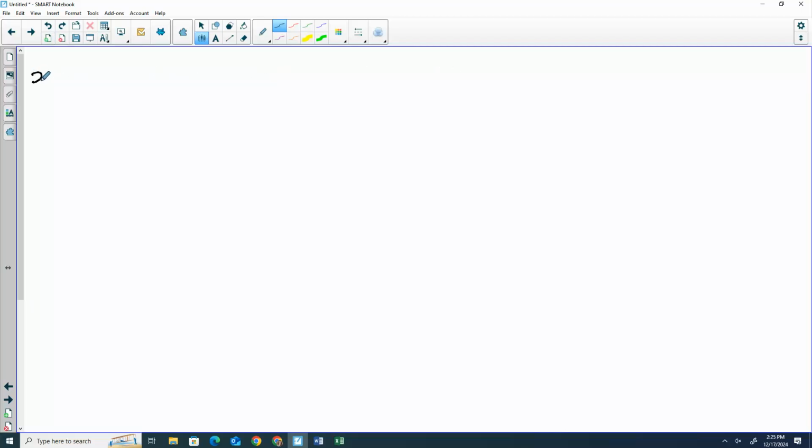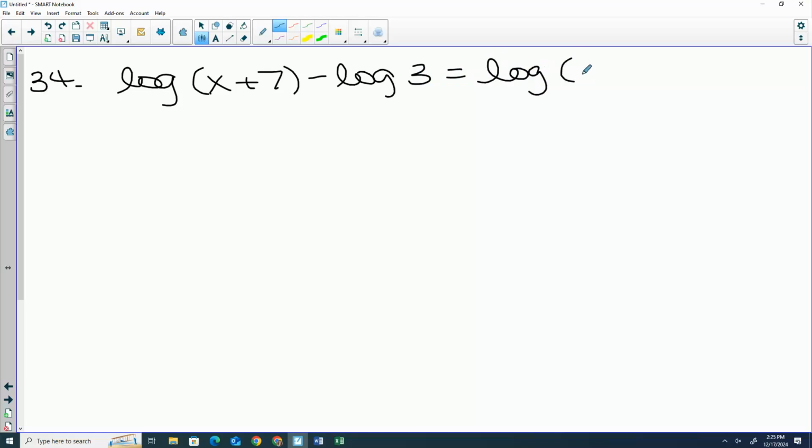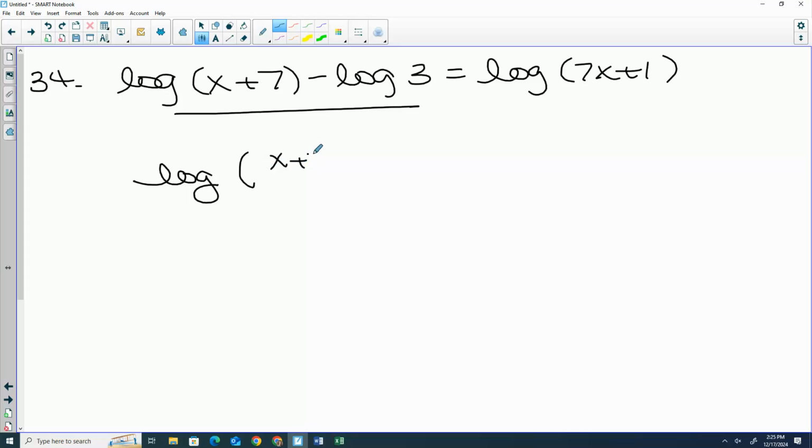34. If these logs are subtracted, how do we put them together? So you write the log in front and you divide the arguments. X plus 7 over 3.